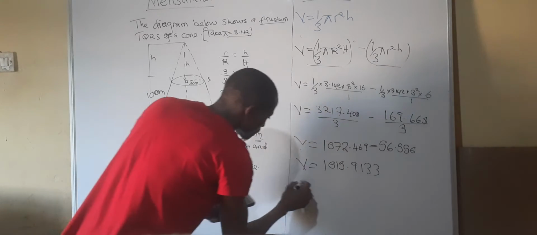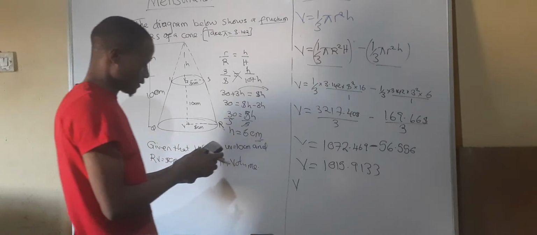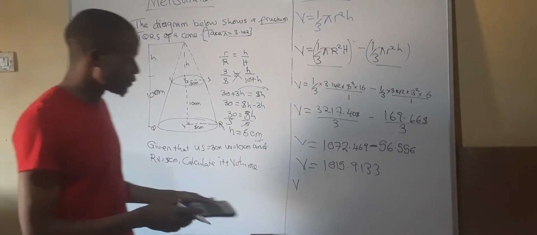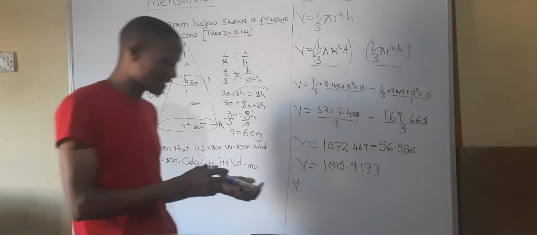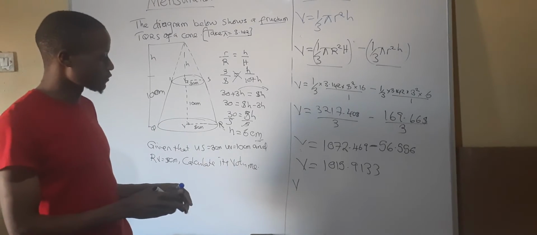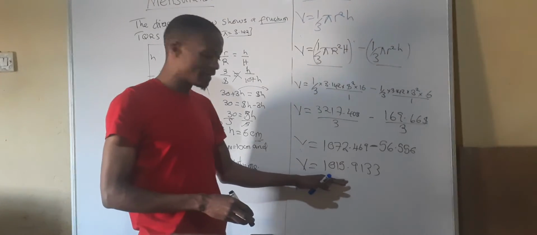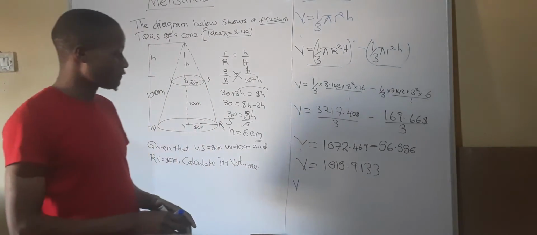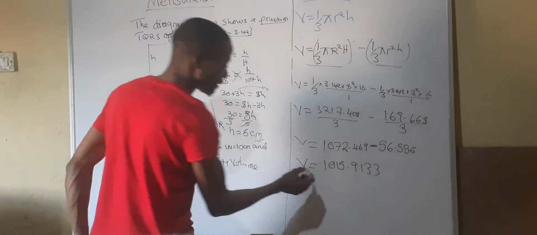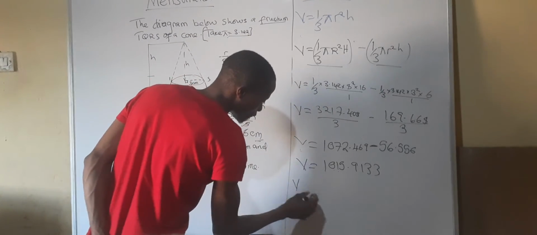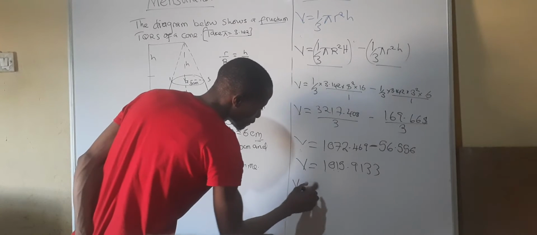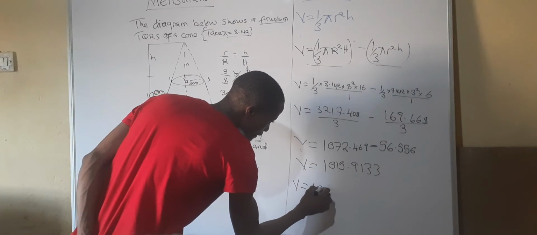which is giving us a volume equal to 1015.19133. Okay, according to our Zambian examination, they require you to leave the answer, which is not exact, in 3 significant figures. So you need to round off this number to 3 significant figures. So this will be 1, 2, 3. So volume is equal to 1, 0.